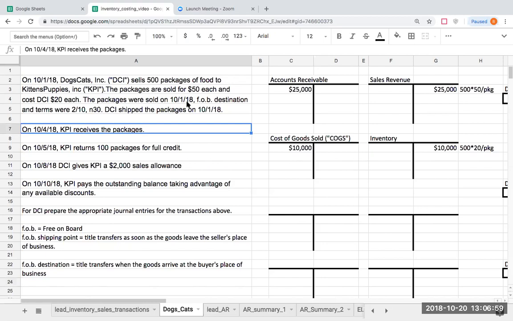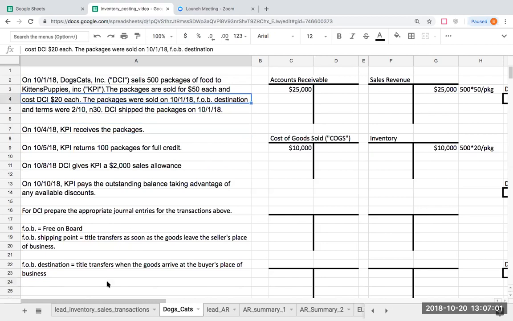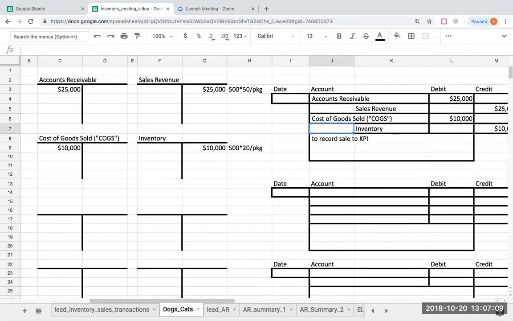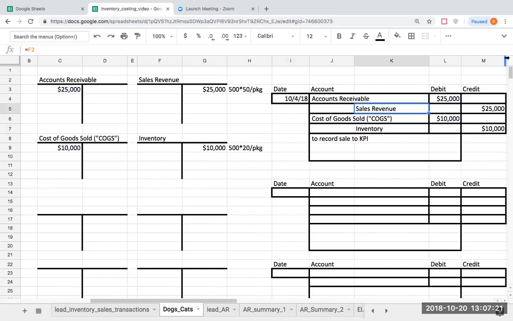So as this was being done, FOB Destination, and Kittens Puppies received the packages on October 4th. Right here, I'm going to record the sales transaction as of October 4th, 2018. So that's, again, a very important concept as we are going through and looking at how and when do we go through and record sales.